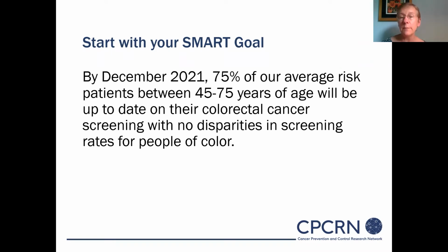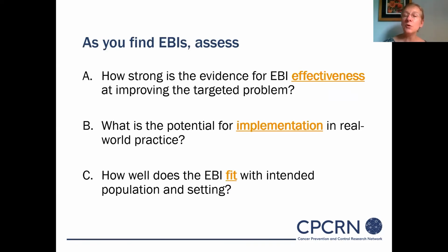So you have a lot of information that you're starting with as you begin your search. So as you identify EBIs, following the order that we described before, you're going to want to be considering the best balance between the intervention's effectiveness, its potential to be implemented in your practice setting, and its fit with your population and setting your goals.